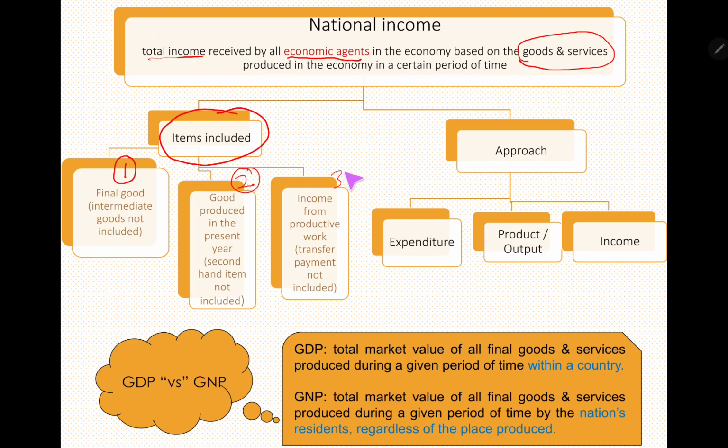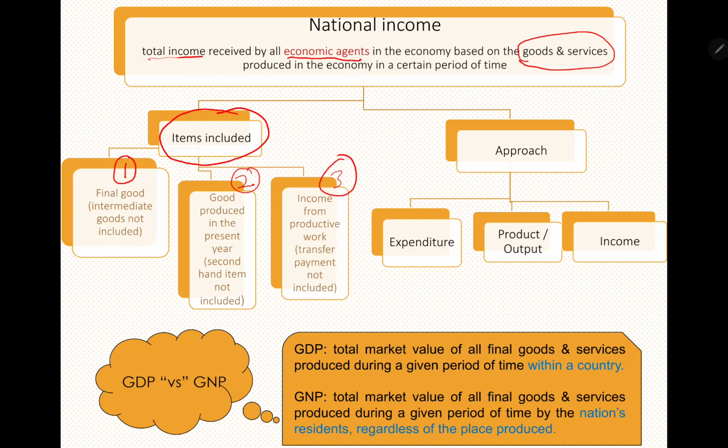Number 3, income from productive work, meaning that it should be a bilateral exchange. If you work and you get income from working, then that will be counted in national income. Transfer payments, or a unilateral exchange, will not be counted in national income.